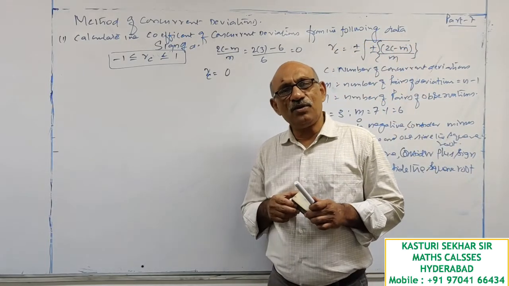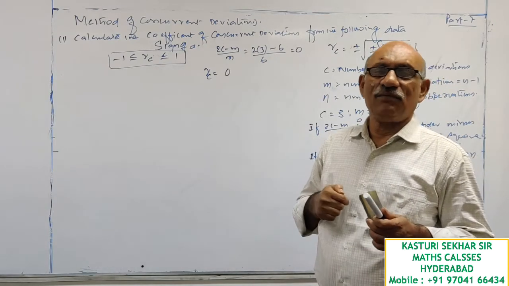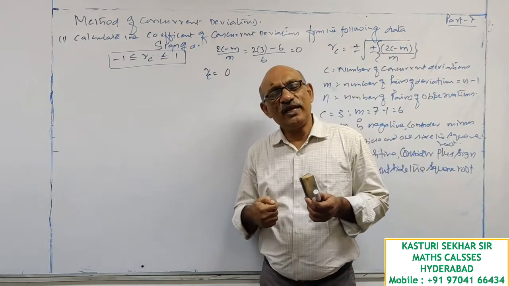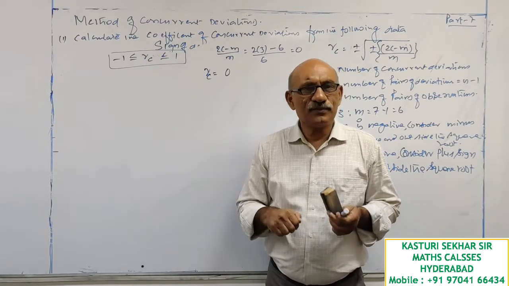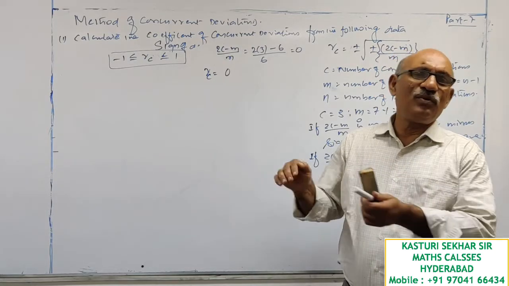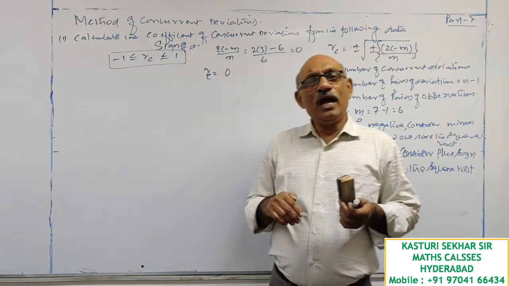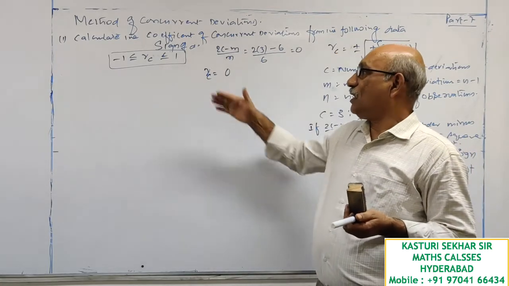In this method, the succeeding value is compared with the preceding value. When the succeeding value is greater than its preceding value, put a plus sign. When it is less than its preceding value, put a minus sign. And when both values are equal, put an equal sign.